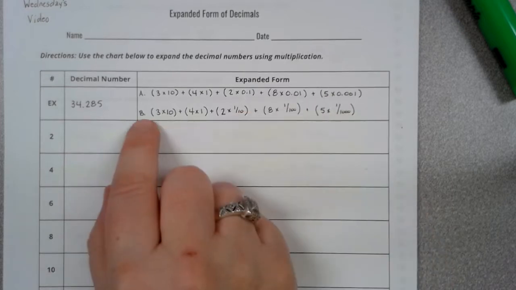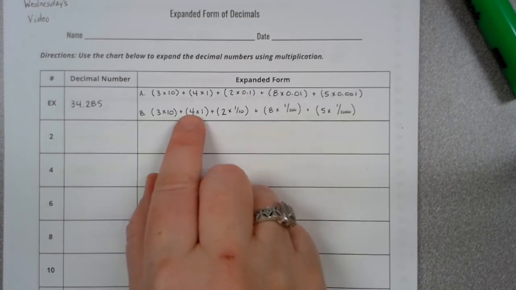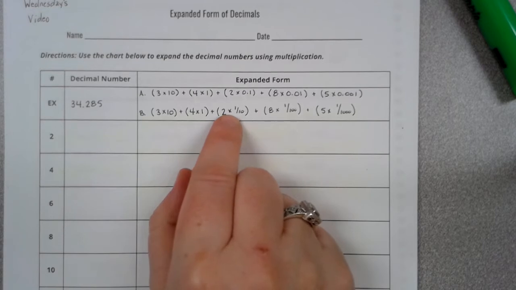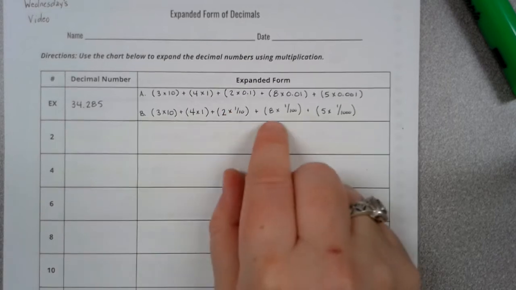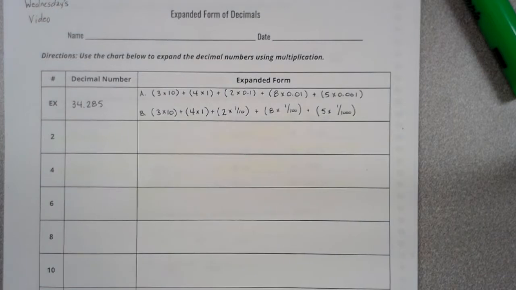Or you can go with option B, which is the fraction version. I have 3 times 10, 4 times 1, same thing. Number 2 is 2 times 1/10 as a fraction, 8 times 1/100 as a fraction, and then I have 5 times 1/1,000 as a fraction.